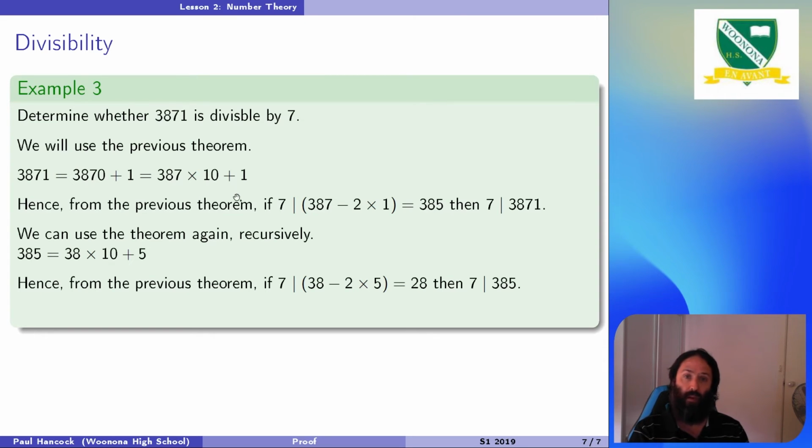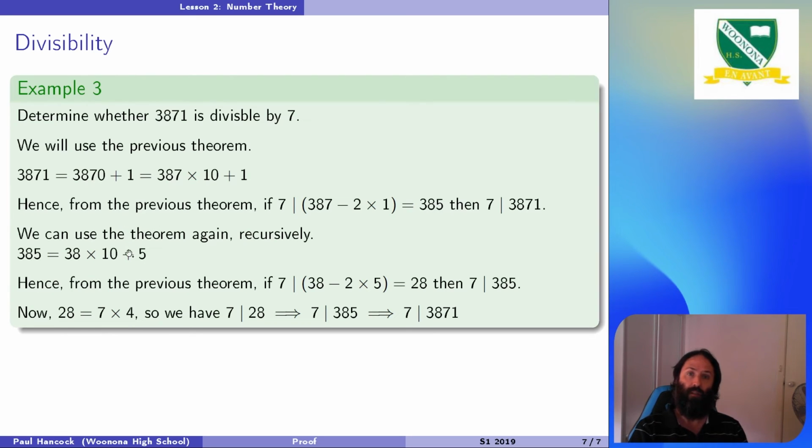Well, here we go. We've solved the problem now, because 28 is 7 times 4. We know that 28 is a multiple of 7, so it does in fact divide 28, which from the theorem implies that it does divide 385, which again implies that it does divide 3,871. So we've established, using this theorem recursively, that 3,871 is divisible by 7.